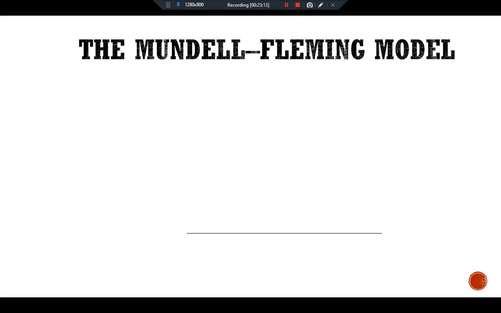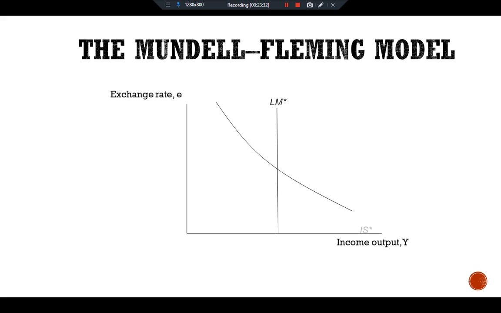We have income output on the x-axis, and exchange rate e on the y-axis. We have a vertical LM curve, that is LM static, and a downward sloping IS curve, and we know that the intersection of IS and LM will give us the equilibrium income level and equilibrium exchange rate. Here we have the equilibrium exchange rate at this point.